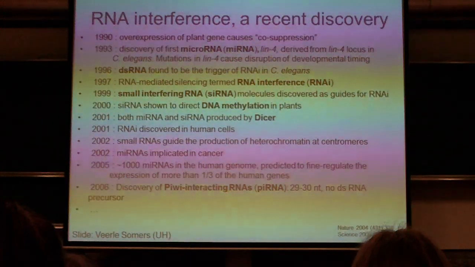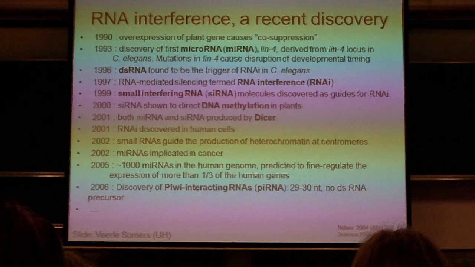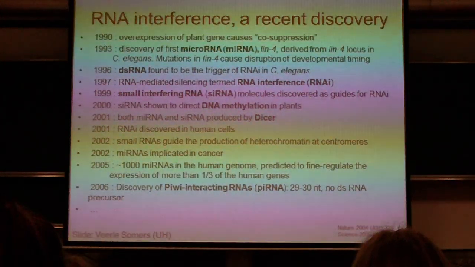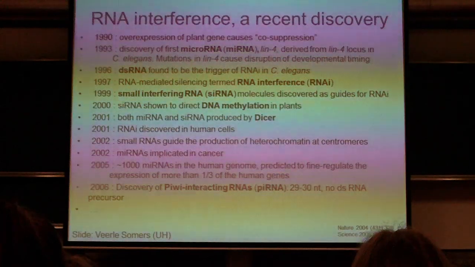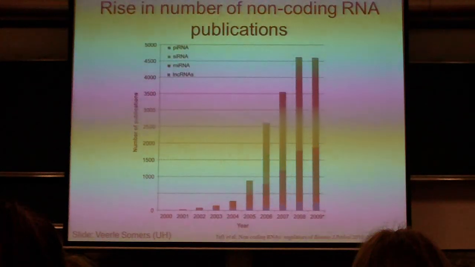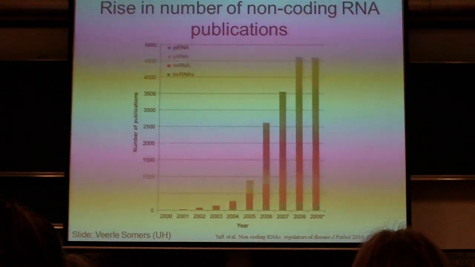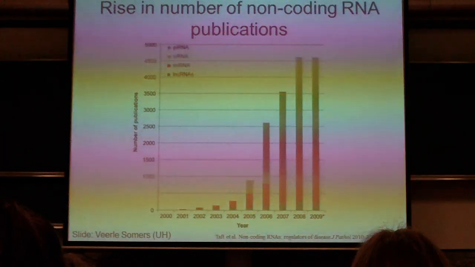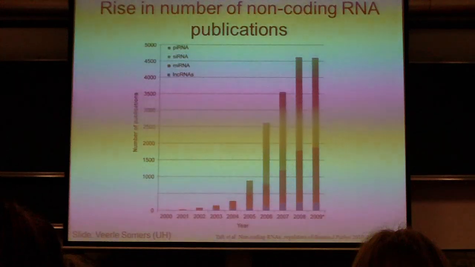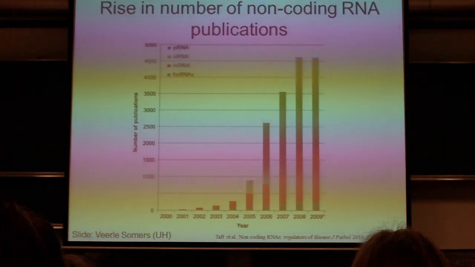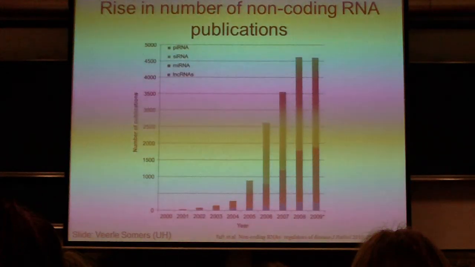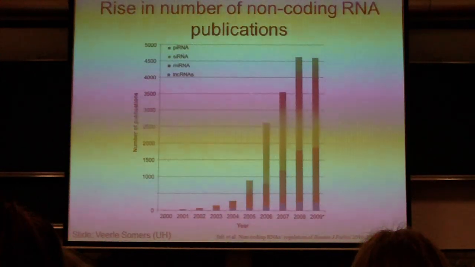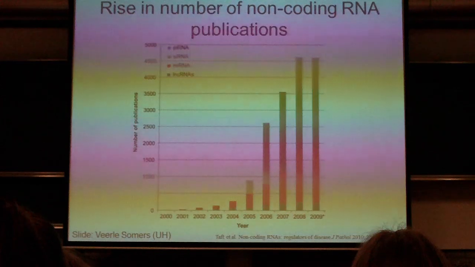I will be mostly focusing on the RNAi part, so on the post-transcriptional modification of gene expression in this section. As you see, RNAi is becoming really, really popular. In 2009, there were already almost 5,000 publications in this field, so in the non-coding RNA field, which also includes piRNAs, or PIWI RNAs, that are part of the gonads.